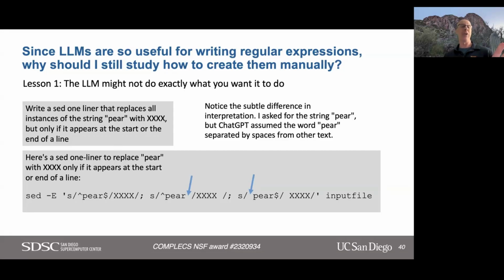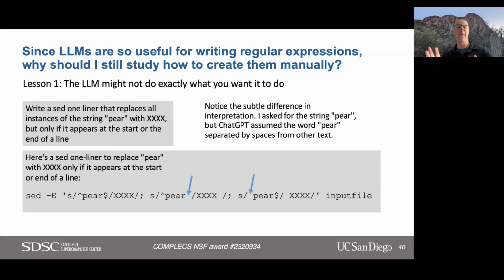So I asked ChatGPT, write a sed one-liner for me that replaces all instances of the string pair with 4 x's, but only if it appears at the start and the end of the line. Now, if you look at the one-liner that I got, you will notice that for two of the substitution commands, it has a space after the pair, or a space before the pair.